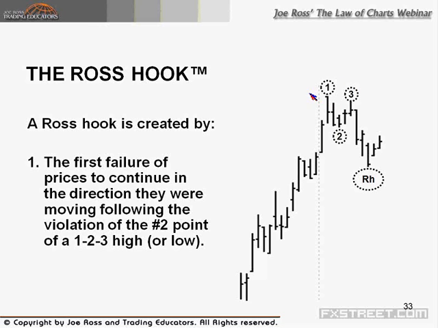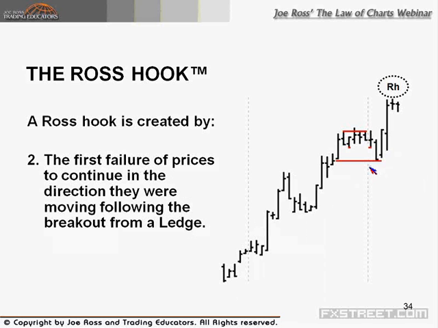Same up here, this 0.1 also basically is a Rostock. Then we got the 1 to 3 formation, price moves lower up to this point, then it stops moving lower and does a correction, and then we got a Rostock here.